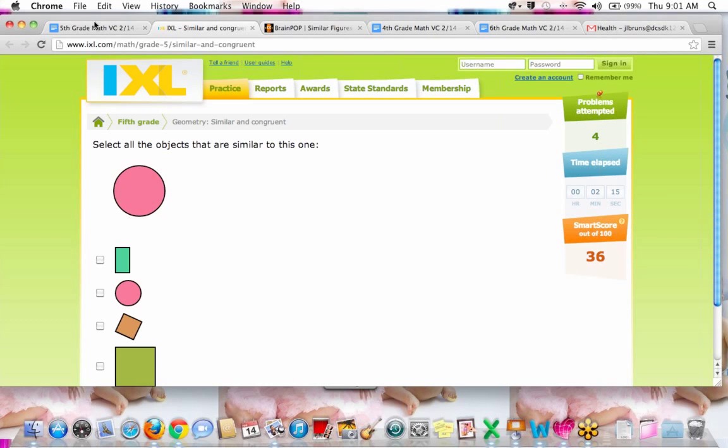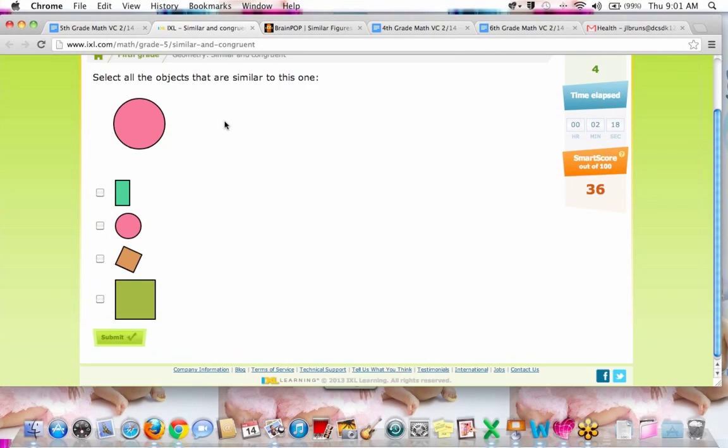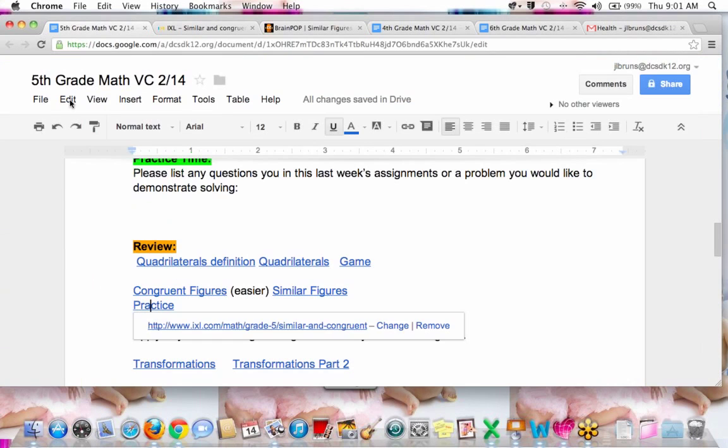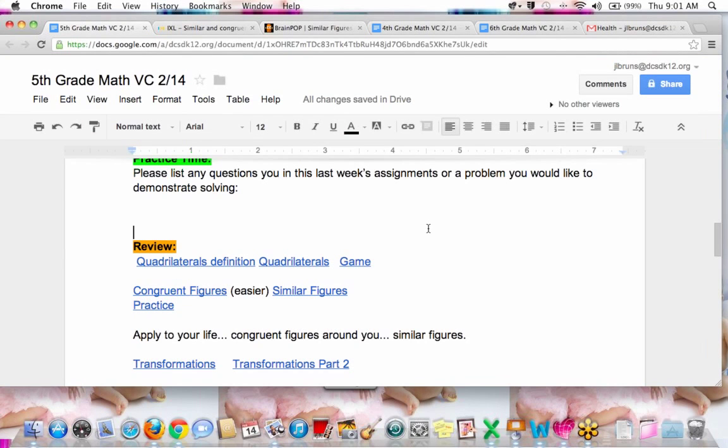Perfect. Okay, so last one for this practice. Select all of the objects that are similar to this one. Lucas, which one is it? It's C. I mean B. B, that's correct. And that's exactly what everybody in the chat had said. You guys got it. That was pretty easy. You guys are little wizards on congruent and similar figures.